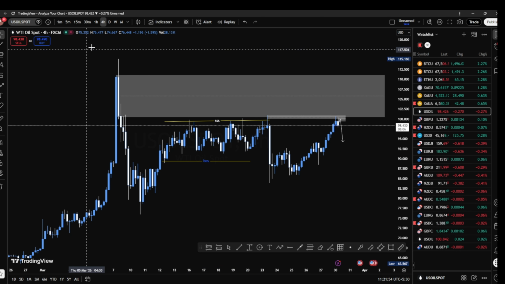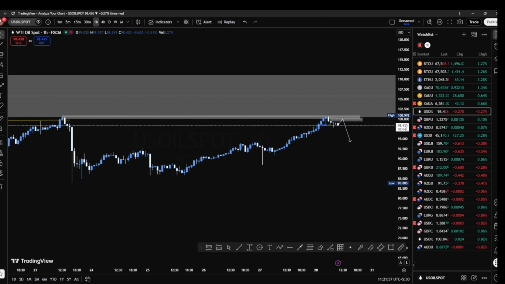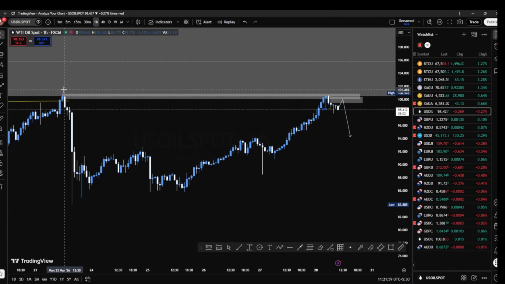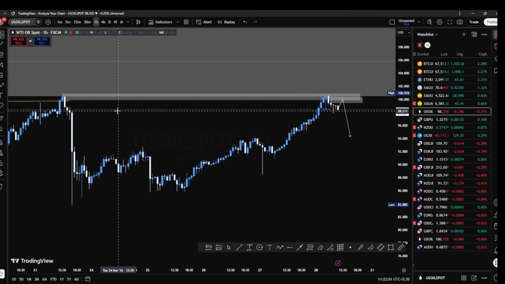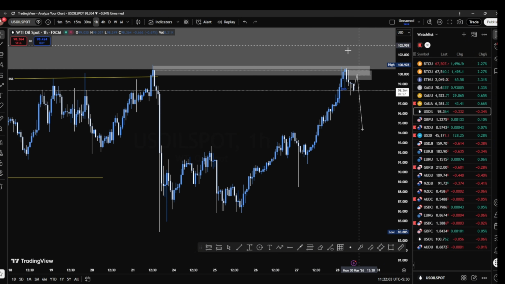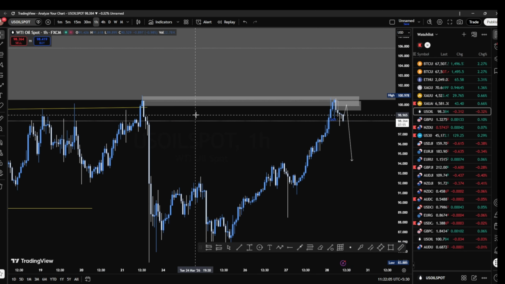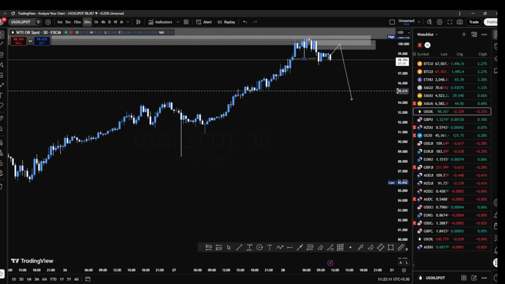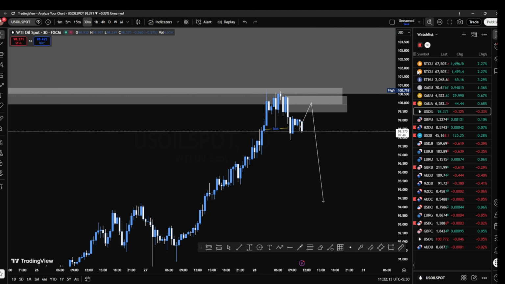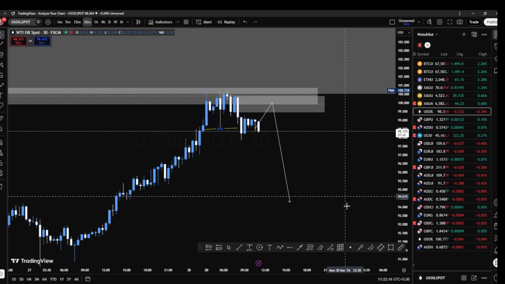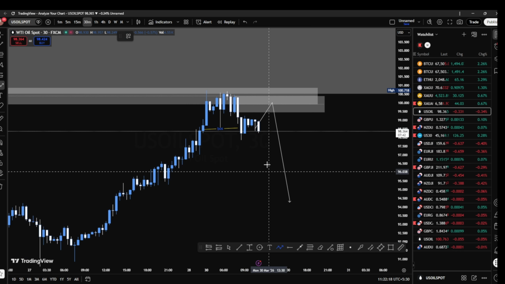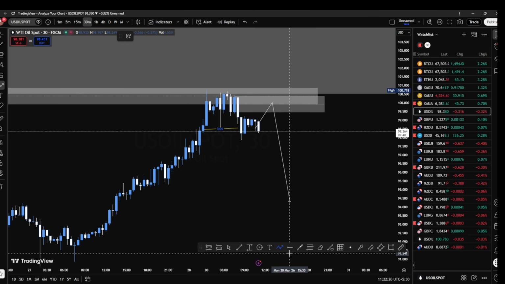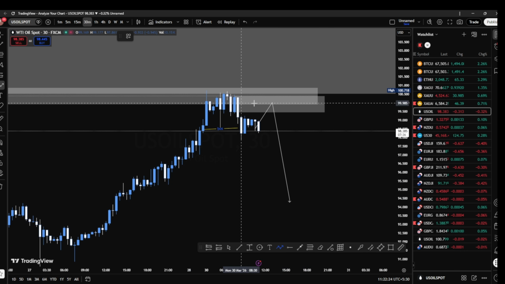In the 1 hour time frame, we can see this is a recent supply level, not extreme, with a very good imbalance, and the market is going down from here. If we find any opportunity, I already marked these levels, so we can see the break of structure. If it goes like this, rejecting these levels, then I'm going to go down.